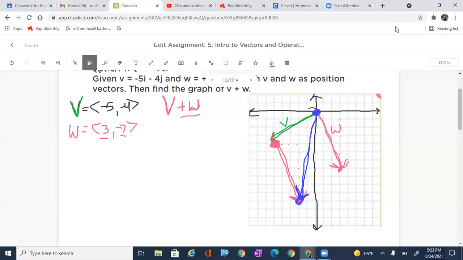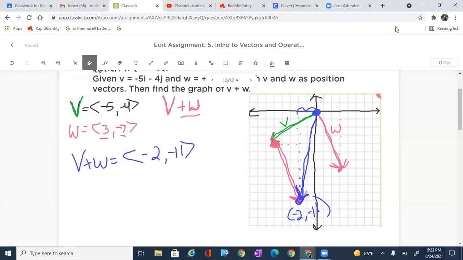It looks like it is 1, 2, or negative 2. And then it is down 1, 2, 3, 4, 5, 6, 7, 8, 9, 10, 11. Down 11. In other words, v plus w is equal to negative 2, negative 11.